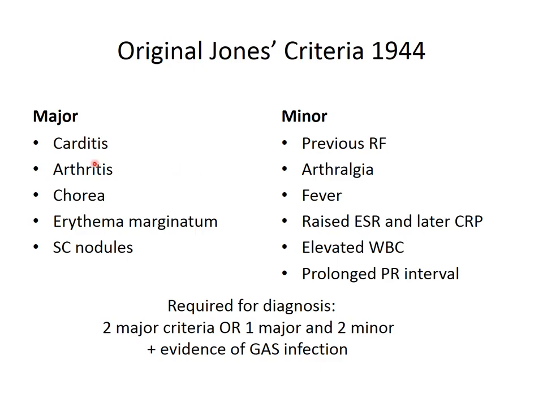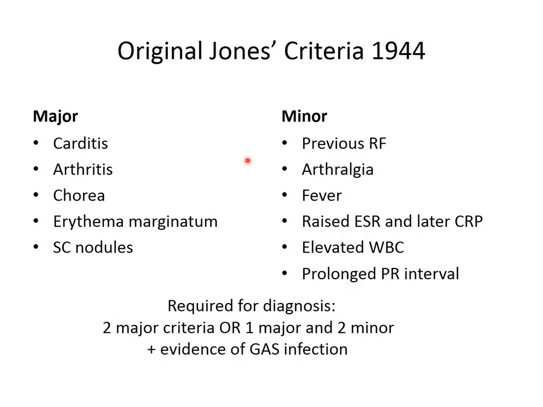All these are healed with no sequelae, except for the carditis, which can lead to devastating valvular diseases. The minor manifestations are previous rheumatic fever, arthralgia, fever, raised erythrocyte sedimentation rate, and later CRP, elevated white blood cell count, and prolonged PR interval. These were the original Jones criteria in 1944.